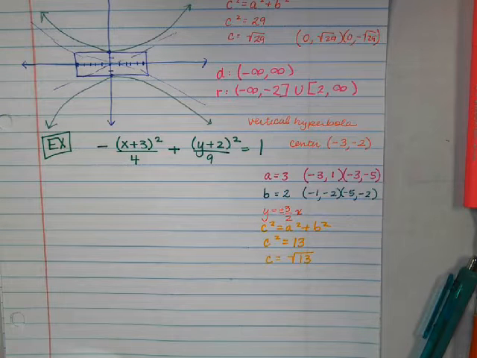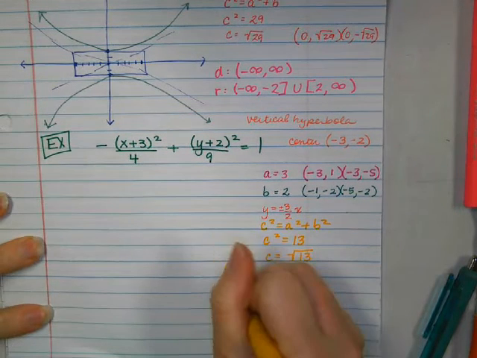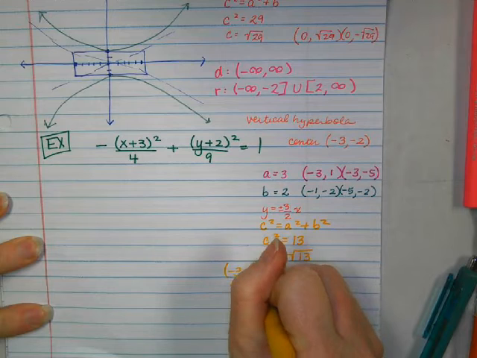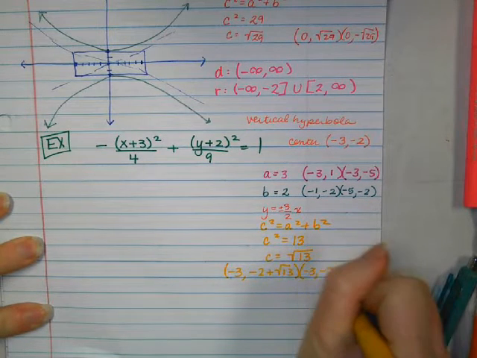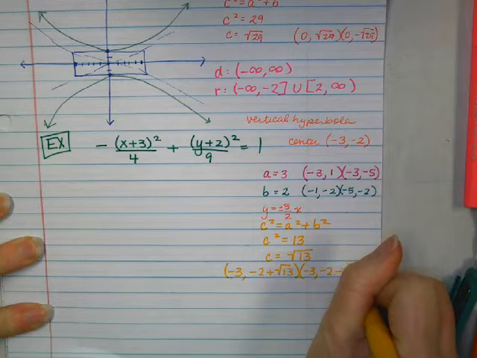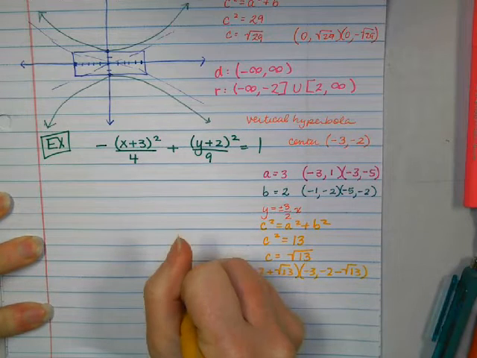I'm adding and subtracting my square root 13 to which value? The y value of your center, -2. And because it's asking us for exact answers, and we're not giving decimal answers here, can you add a square root of 13 to a -2? No, so you just write it down: -3, -2 plus the square root of 13, and -3, -2 minus the square root of 13.